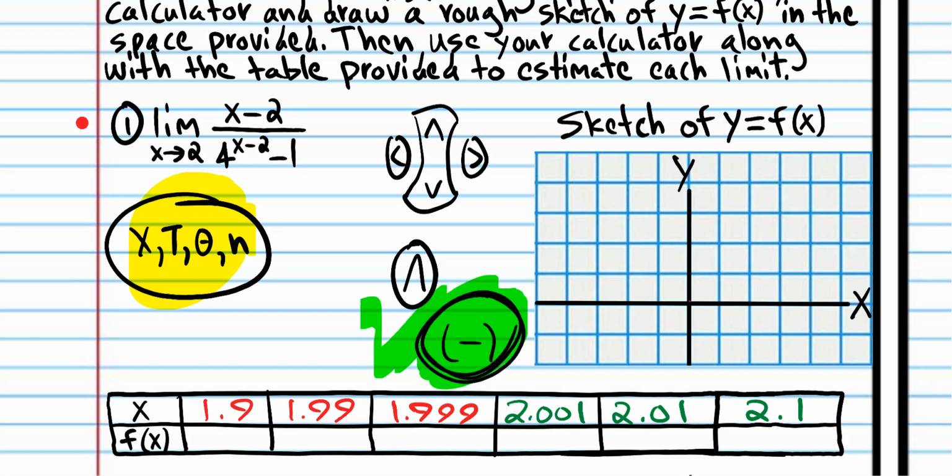That's what it should look like. So negative 5 is your x minimum. And then use the down arrow key. And x max is going to be positive 5. And then down arrow key.